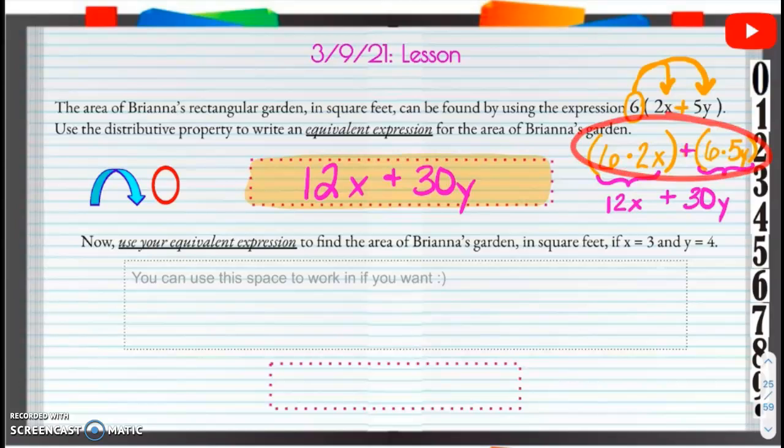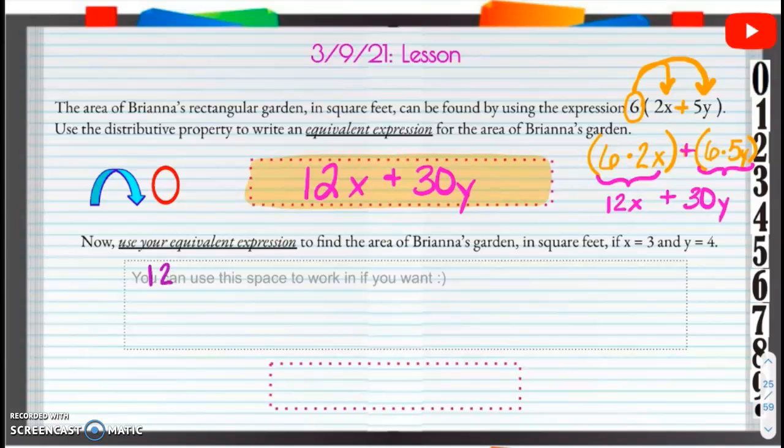I feel like it is easier when we go to our next step down here to use this expression. Now, we're going to use our equivalent expression. So we're going to use what we used to find the area of her garden in square feet if x equals 3 and y equals 4. If you want, you can type it down.